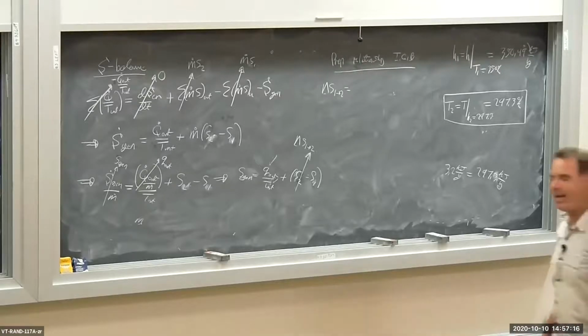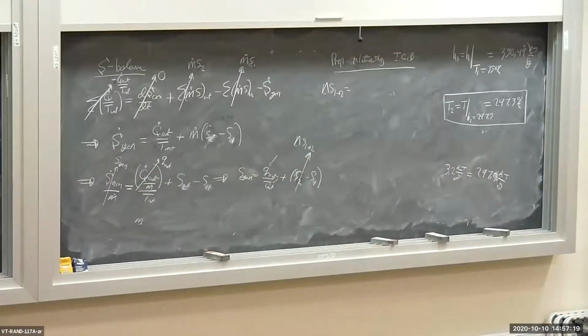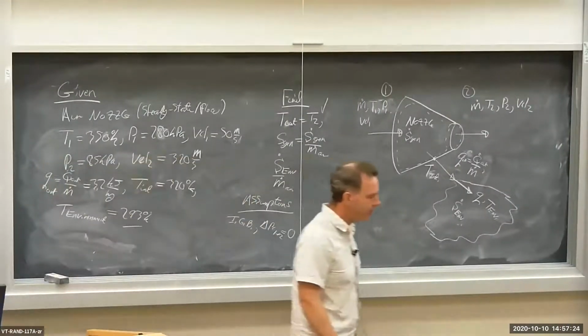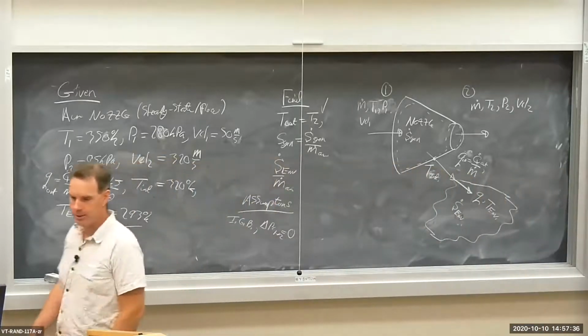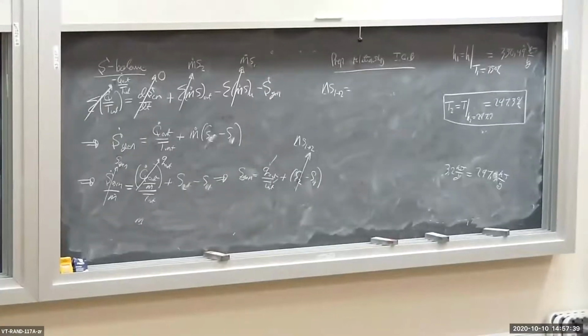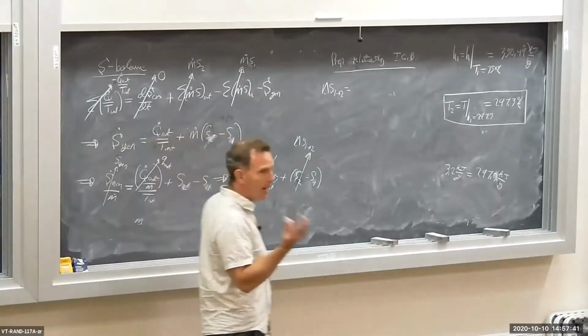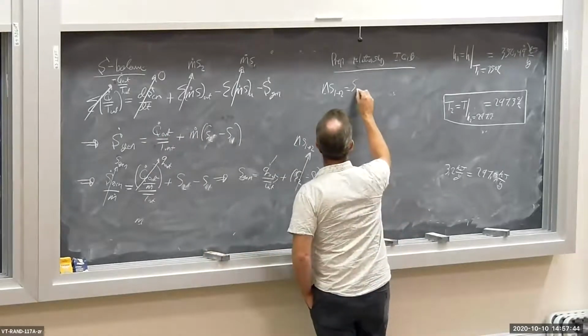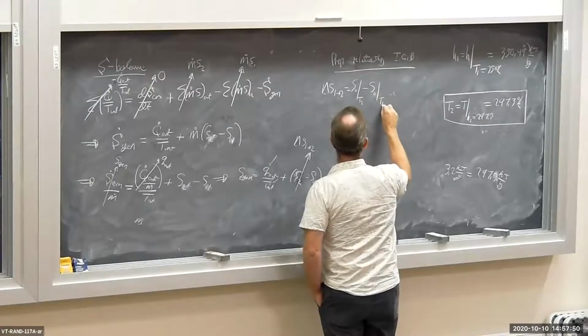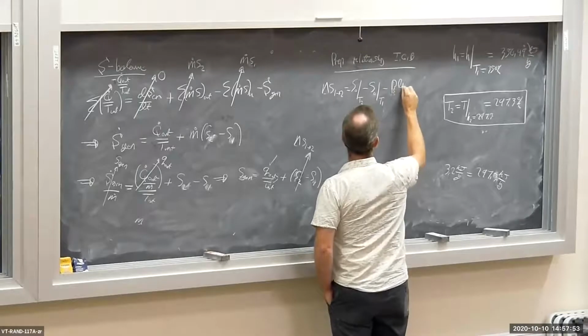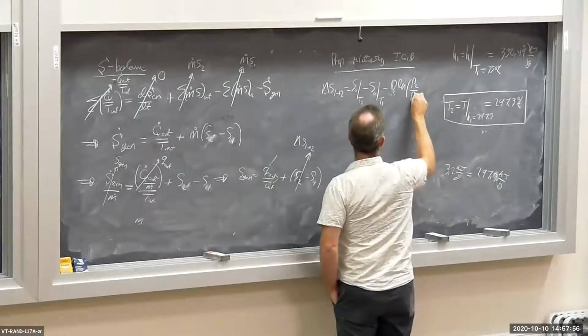This problem doesn't say anything anywhere about constant specific heats. So that means I need to get the actual entropy generation, not the approximate entropy generation. So I need to use the S naught stuff, variable specific heat. Let me write down the property relationship: S naught evaluated at T2 minus S naught evaluated at T1 minus R ln P2 over P1.